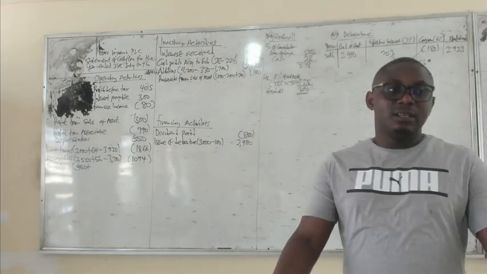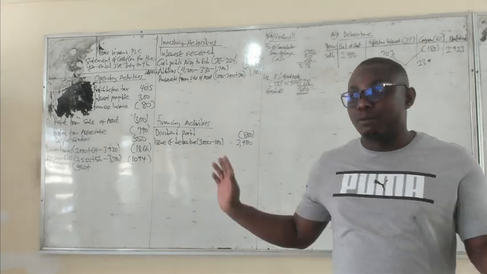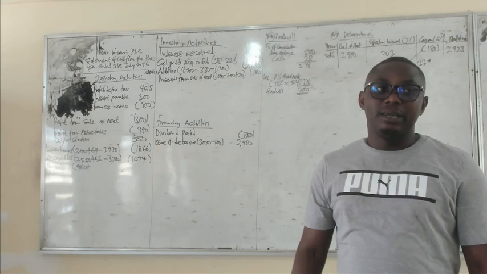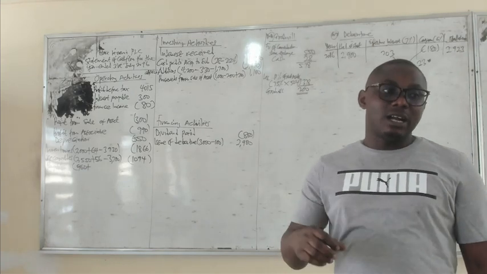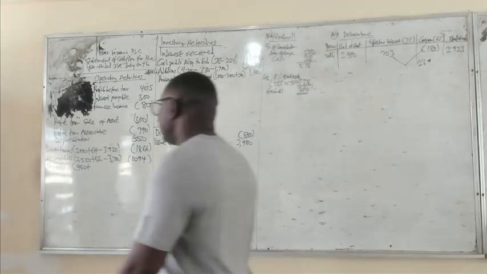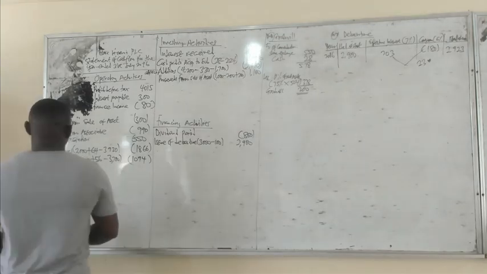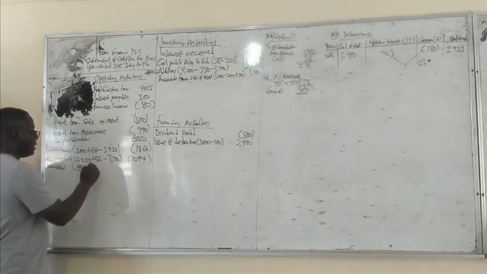Please note that anytime you are given current liabilities without any description, it is payables. Are we getting it? So once you subtract the cash, the rest becomes payables. So what was the payables figure? 174. Okay.